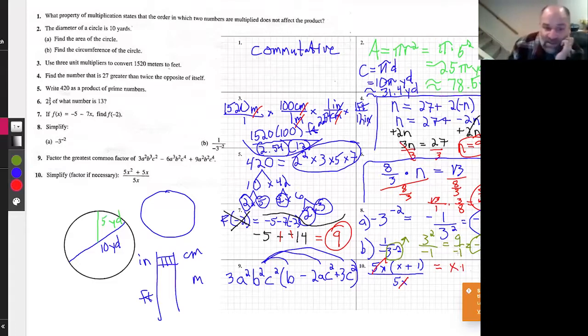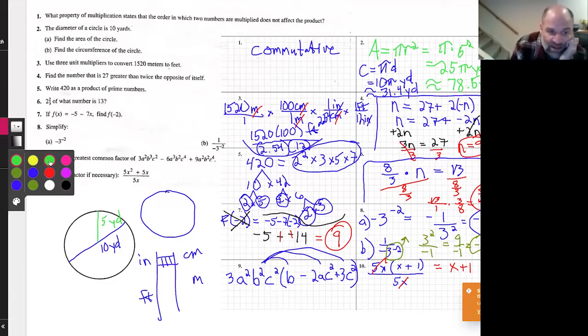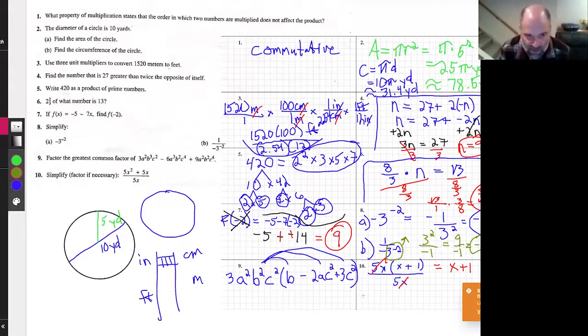The other way to do this is 2 division problems. So remember, the alternative way here is to just do 2 division problems. So you could separate 5x squared over 5x plus 5x over 5x. And then you just reduce these.